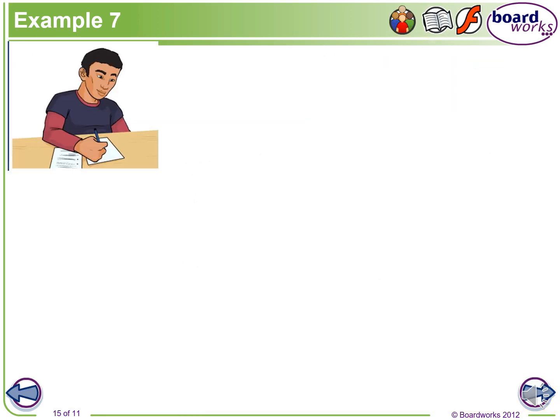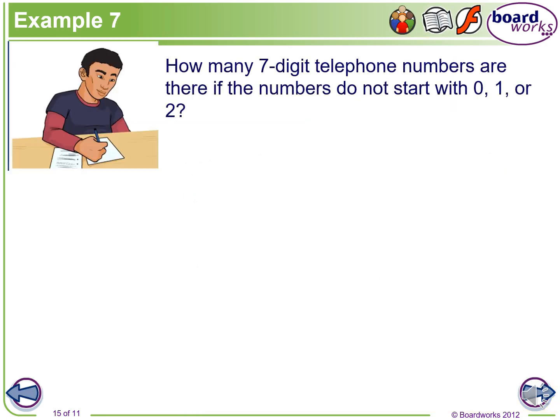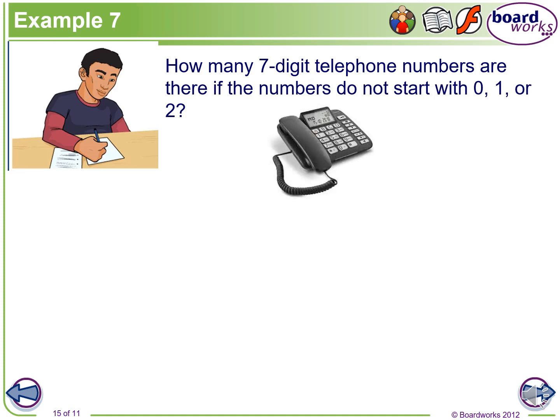Let's go to example number 7. How many 7-digit telephone numbers are there if the numbers do not start with 0, 1, or 2? Okay, again, 7-digit telephone numbers. So our solution uses the fundamental counting principle.